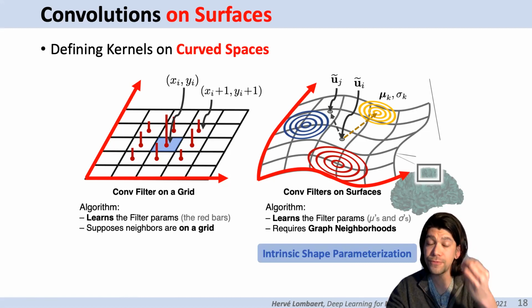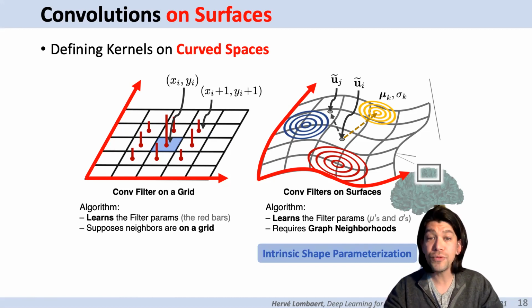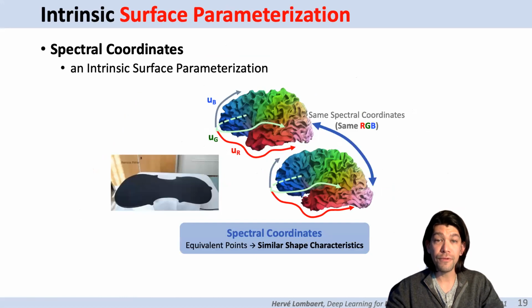It totally depends on the surface itself. It has nothing to do with the XYZ coordinates, which can be moving a lot here. We've seen how to do that using these vibration properties, those spectral shape characteristics that we have on brains, for example, any type of shape, in fact. We use the lowest frequency harmonics of the shape vibration.